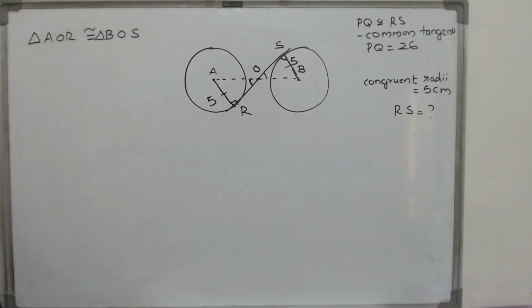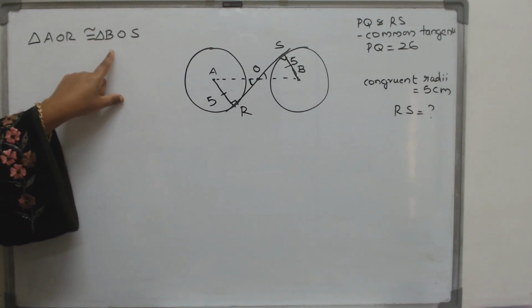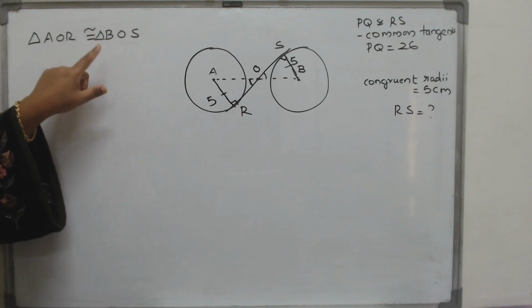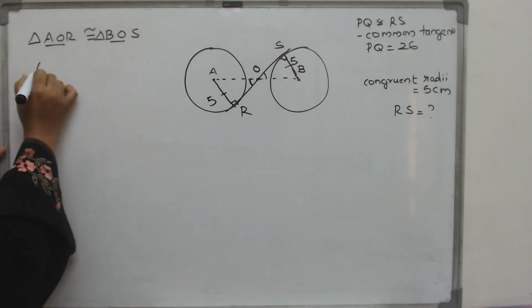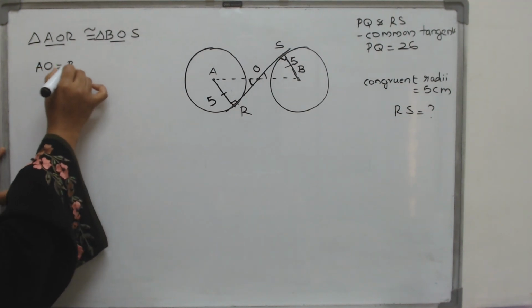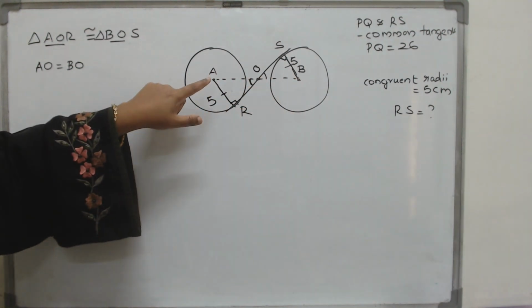Because they are vertically opposite angles. So by ASA congruency, you can prove that these two triangles are congruent to one another. Then by CPCT, what do you get? AO and BO are equal to one another, or in other words, this O is the midpoint of AB.